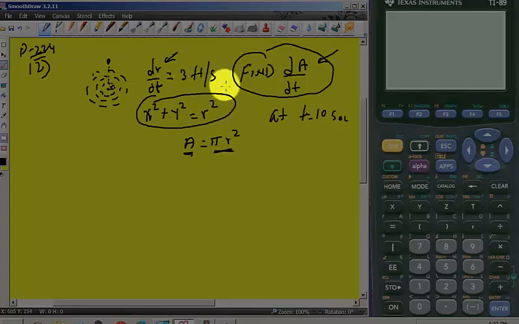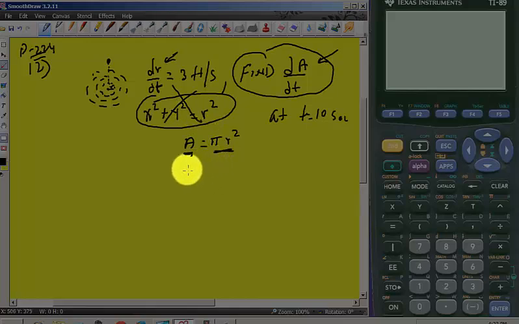If not, I'd have to go back and use the Pythagorean theorem or the formula for a circle to figure that out. Since I have dr/dt, I don't need that. I'm crossing out the wrong one. So I don't need this.